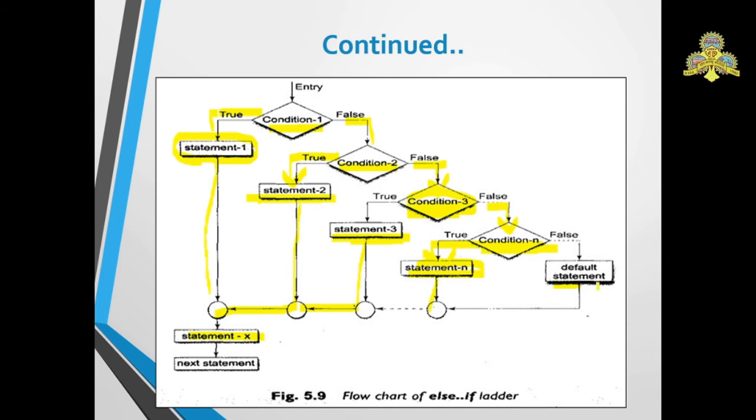After executing the default statement, the control is transferred to statement X. After executing statement X, the next statement will be encountered. This is the flowchart given for the else if ladder.